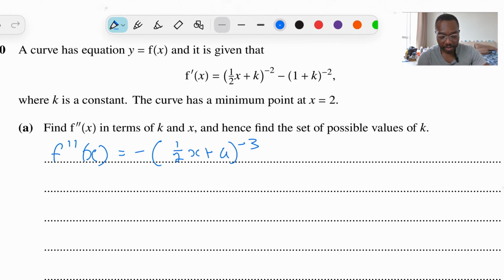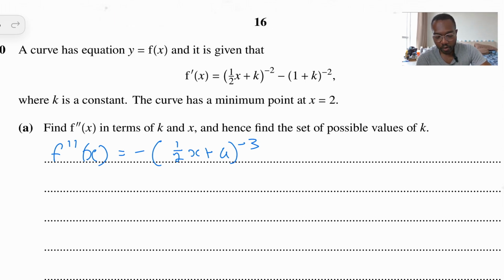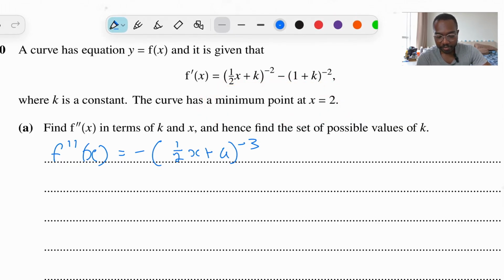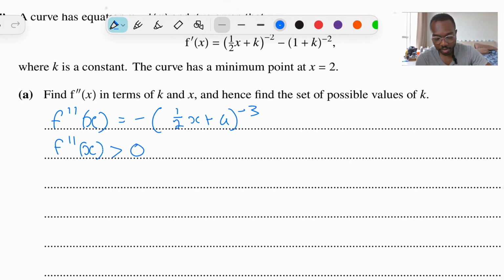That's the first bit. But we want to find the possible values of k. How can we do that? They tell us in the question that the curve has a minimum point at x equals 2. So what does that mean? We're thinking about minimums and maximums. If f double dash x is greater than 0, then it has a minimum point.